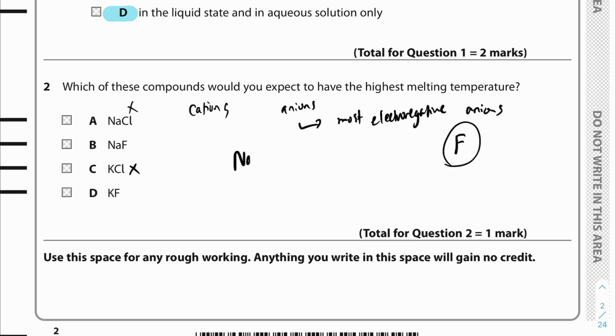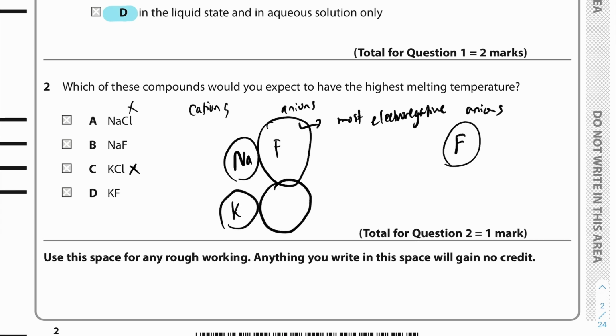So when we have this Na and then this F, and we compare it to K, which will be slightly bigger, and this will be slightly bigger as well, you can see that this will be harder to break the ionic bond. So for that reason, it has to be NaF.